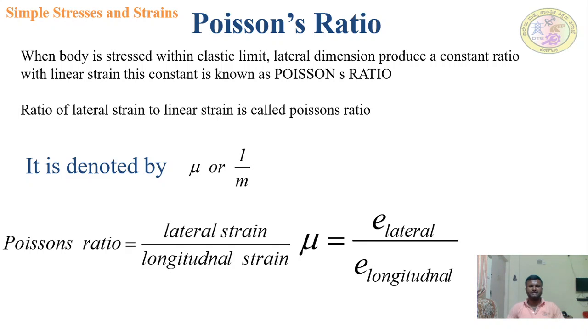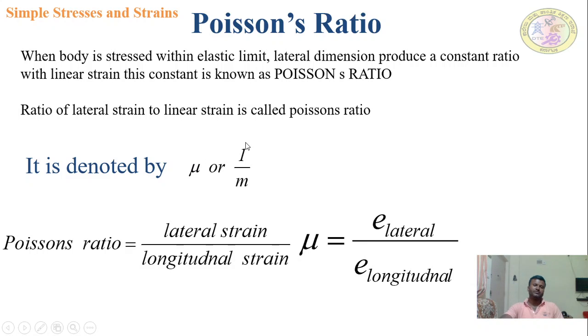That ratio is called Poisson's ratio. So what is Poisson's ratio? It is the ratio of lateral strain to the linear strain, and it is denoted by mu.